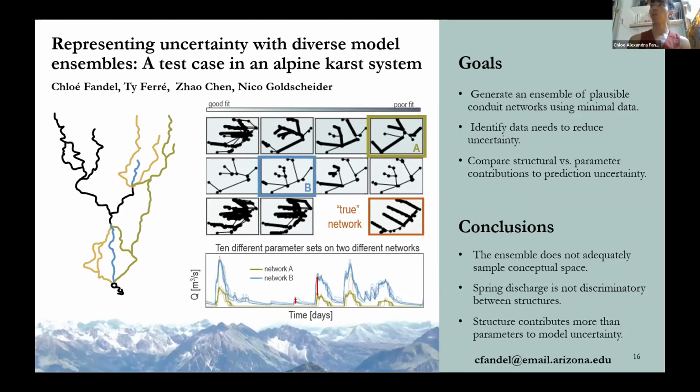The other thing we're considering is tracer tests. We have a lot of tracer test data for this site that I've just set aside and not looked at yet. But I'd like to model the tracer concentration time series and compare that to the observed tracer results and see if that can help us constrain a little bit more. So yeah, absolutely. I want to add in more data types.